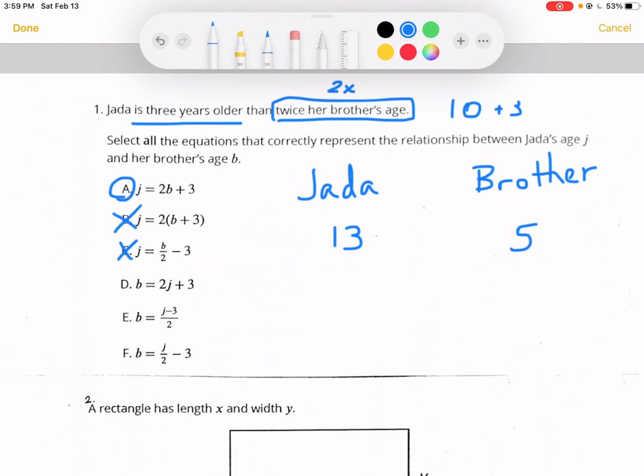Now, these last 3 sort of switch things around. These first 3 were J equals something, and now we have B equals something instead. So for D, I'm taking 2 times Jada's age plus 3. Well, 2 times Jada's age is 13 times 2, so 26, plus 3. That's going to be way too high for the brother, so D does not work.